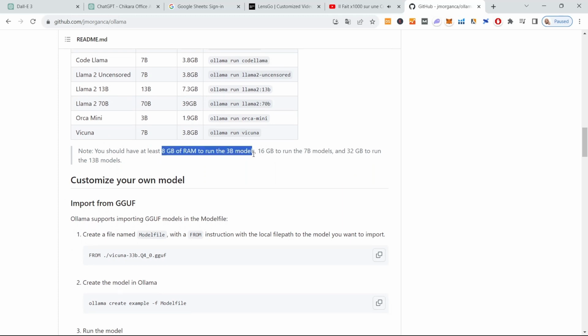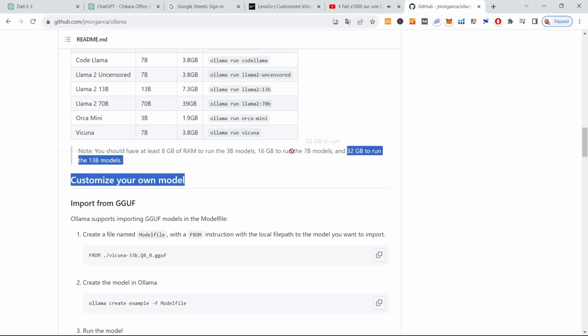Here are the specs: 8GB RAM, 16GB RAM, that's what I have, so I'm going to use the 7B models. And with 32GB, you can use the 13B models. So we're going to focus on those 7B models.